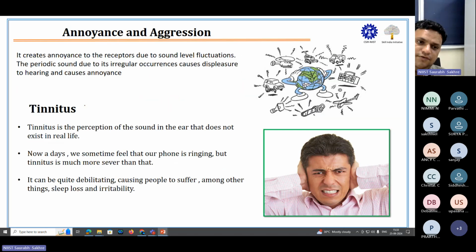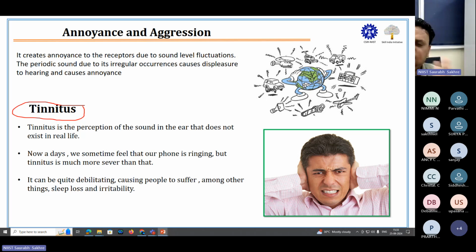Now, I would like to draw attention to a disease called tinnitus, and I'm sure many of you would have encountered it by now. You would have seen it in our houses or in our friends who do jobs which require constant phone calls, and their phone continuously rings.